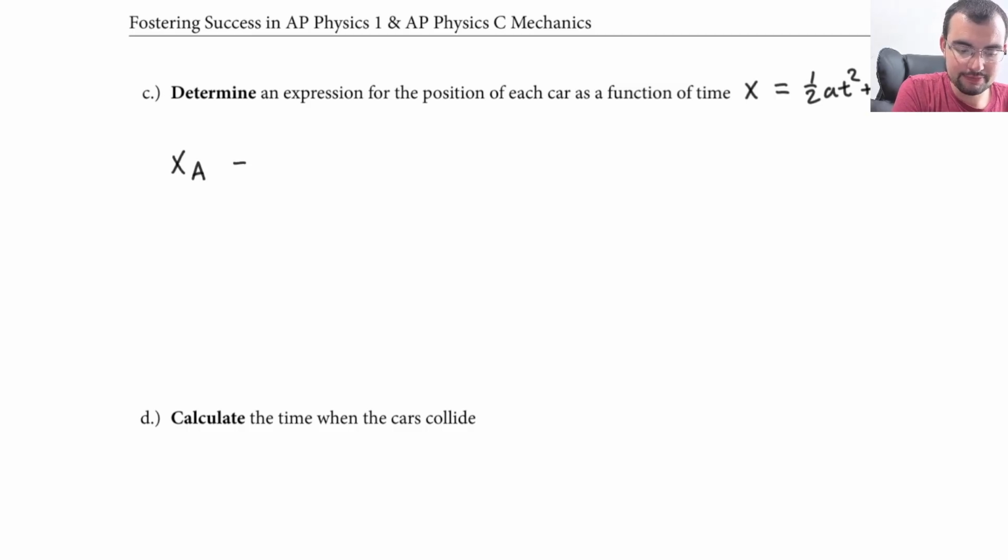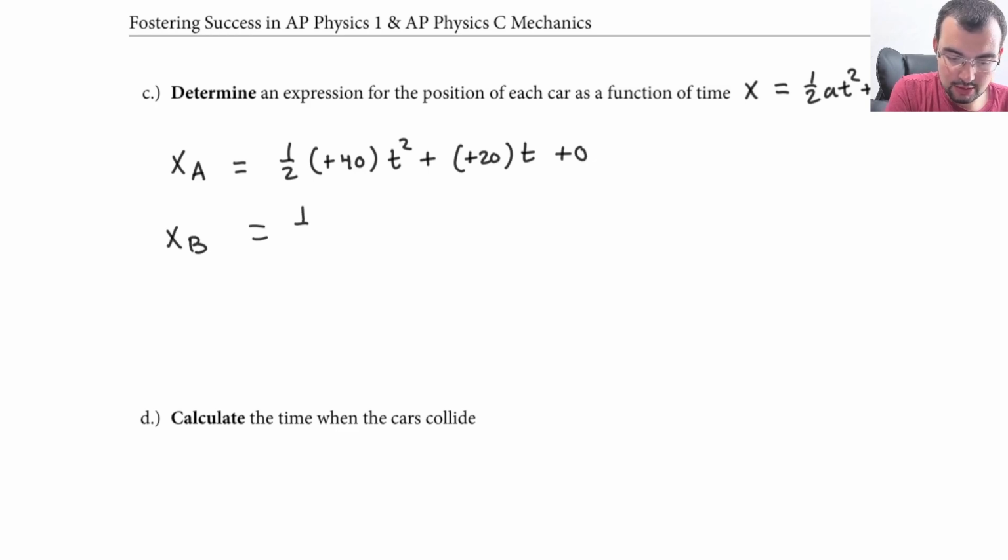So xa is going to be 1/2 times its acceleration, which is positive 40 centimeters per second squared, t squared, plus its initial velocity, positive 20 t, and it starts at 0. xb is 1/2 times its acceleration, 0, t squared, plus its velocity, 20 centimeters per second in the negative direction, and it starts at 300.